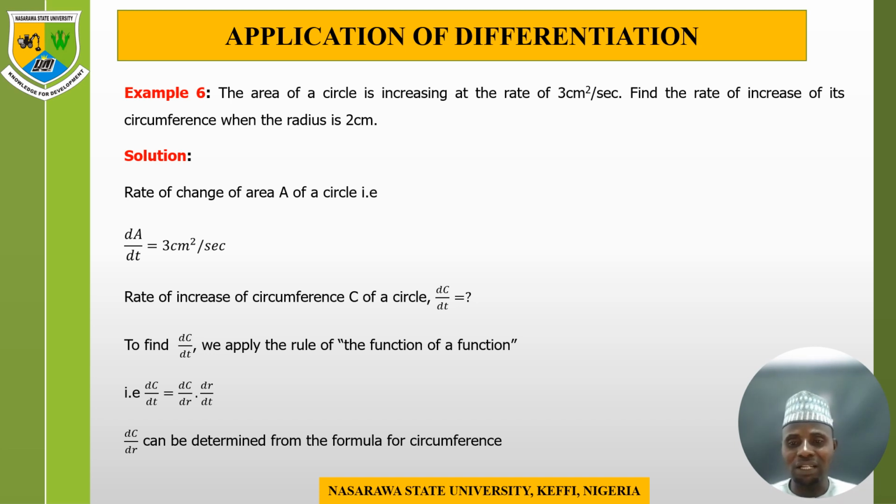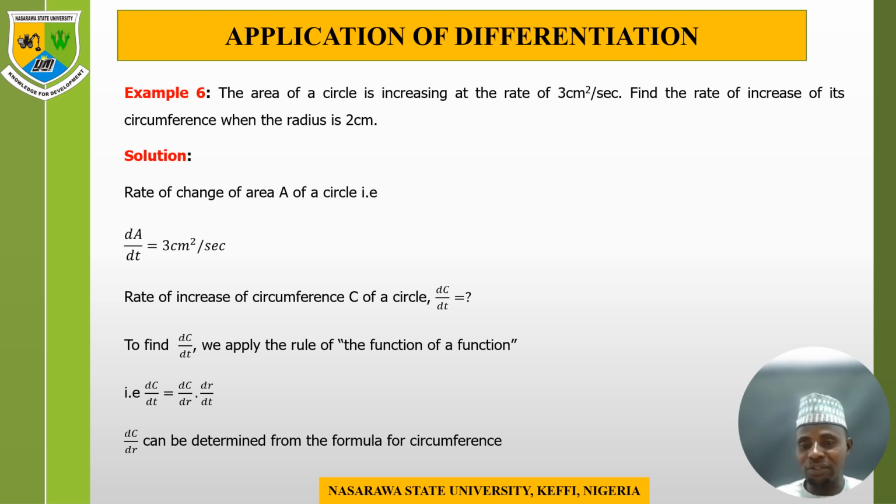Since differentiation is the rate of change, the circumference will increase when the radius is increasing. When the radius is increased, definitely the area of that circle will also increase.